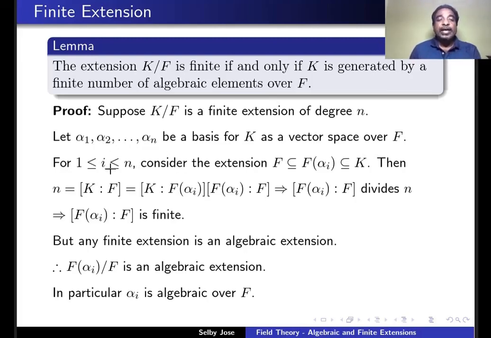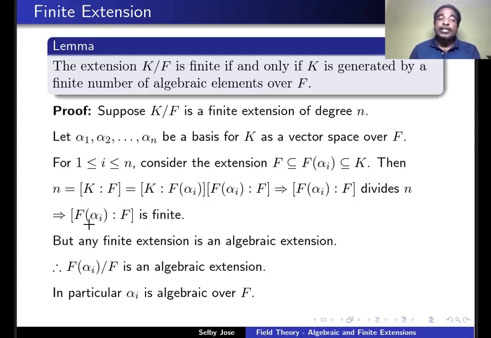Then for each i, we can consider the extension F contained in F(alpha i) contained in K. Then by the tower formula for the degree of extensions, we have n equal to the degree of K over F, which is the same as the degree of K over F(alpha i) times the degree of F(alpha i) over F. This means that the degree of F(alpha i) over F divides n.